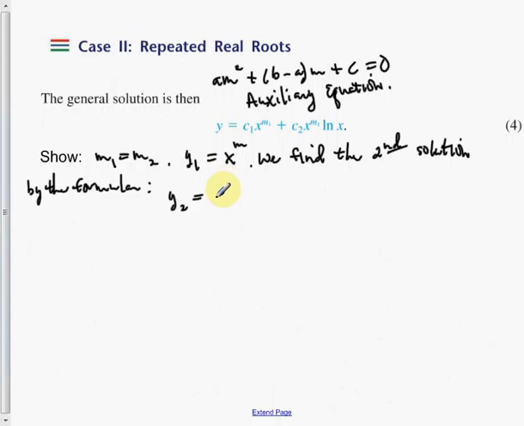Y sub 2, you remember, is equal to y sub 1 times the integral of e to the negative integral of p of x dx, divided by y sub 1 squared, dx. Okay? That's the formula, right?